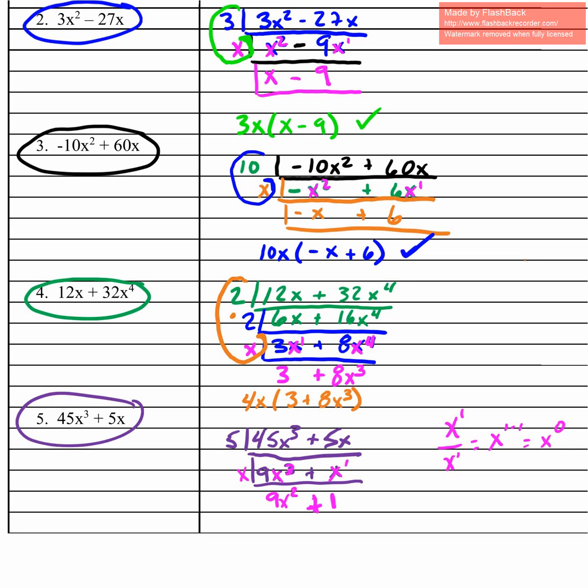So 1 minus 1 is 0, and anything to the 0 power is 1. So that's why I put a large 1 there, all right? So really be careful, a lot of students miss that key fact. Our GCF is on the outside, so we have 5x, and then our leftover goes on the inside.